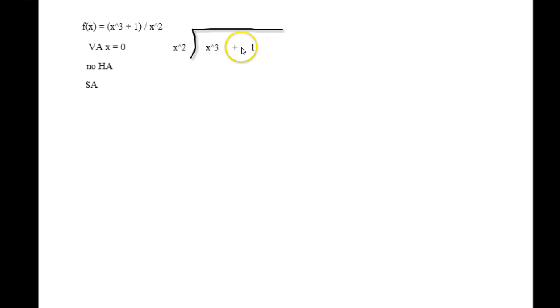I would probably need to fill in all the missing terms as we go, so I'd need 0x squared, and then plus 0x, and then the plus 1. So how many times does x squared go into x cubed? It goes in x times, because if I multiply this by x squared, I get x cubed.